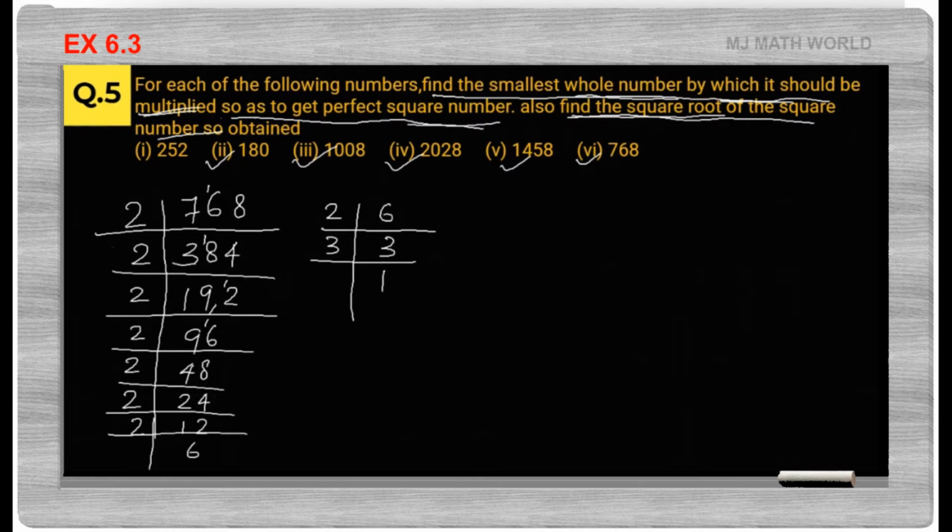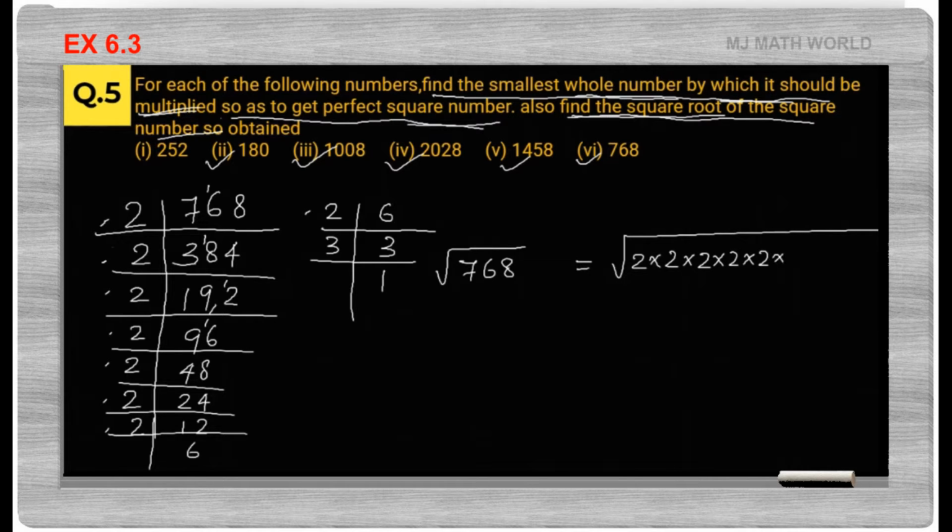Then we write the numbers. The square root of 768 is equal to the square root of all these numbers. How many 2s? 1, 2, 3, 4, 5, 6, 7, 8, into 3.